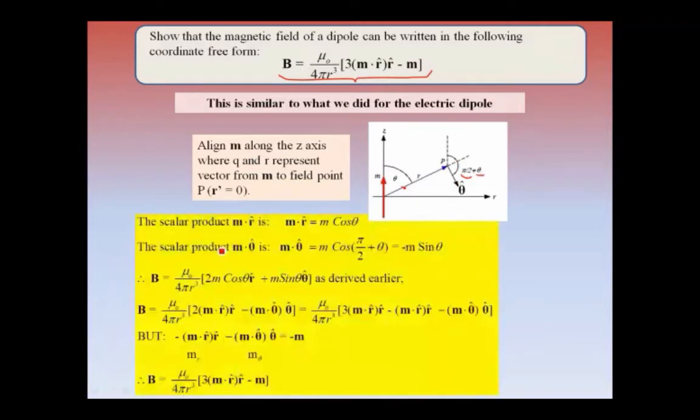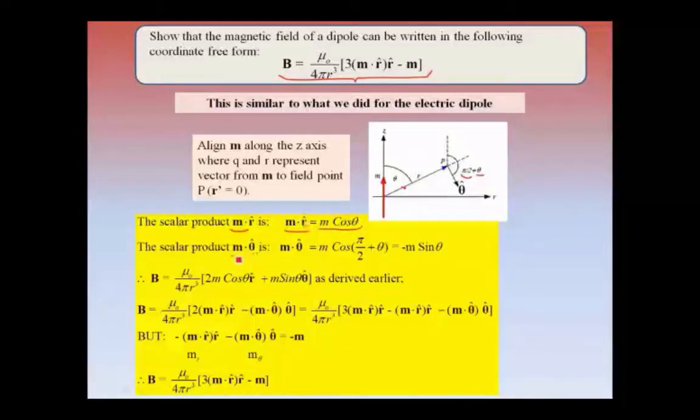So here's the scalar product, m dot r hat. If you look at the equation for z dot r hat, you'd have the cosine of theta, which is the angle between those two vectors. That's m dot r hat equal to m times cosine theta, because the length of r hat is 1.